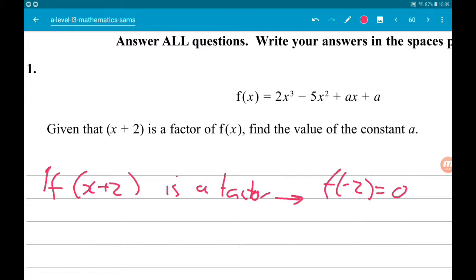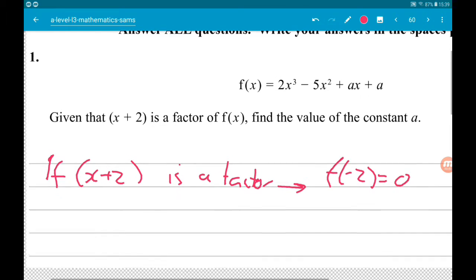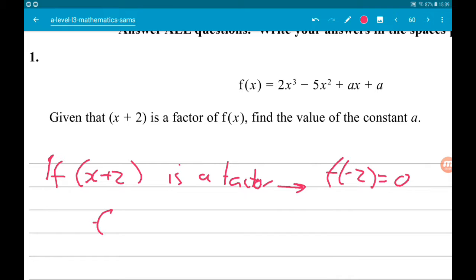So, if we substitute x equals minus 2 in, we are going to get 2 lots of minus 2 cubed, which is minus 16. We're going to get minus 5x squared, so that's minus 20. Then we have a times minus 2, so that's minus 2a.